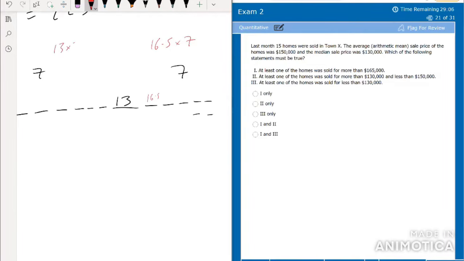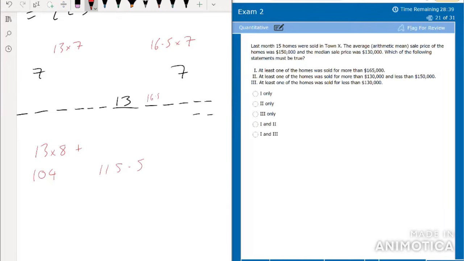So we've got 13 times 7 on the left. So in total, we've got 13 times 8, which is 104, I think. And 16.5 times 7, well, that's annoying. That's 80, 96, 112, 115.5, hopefully, something like that.